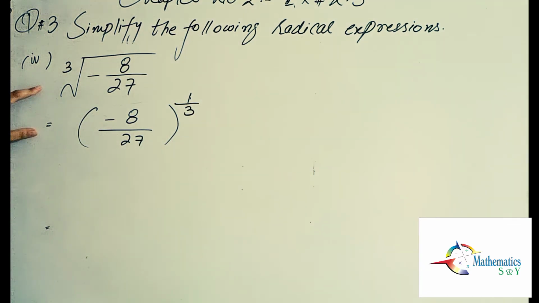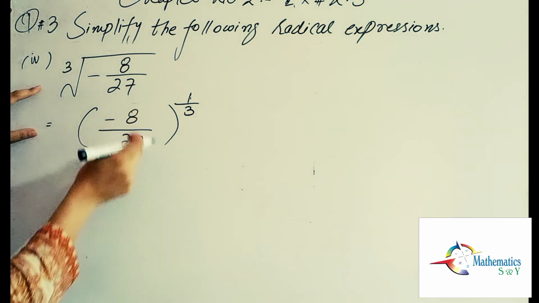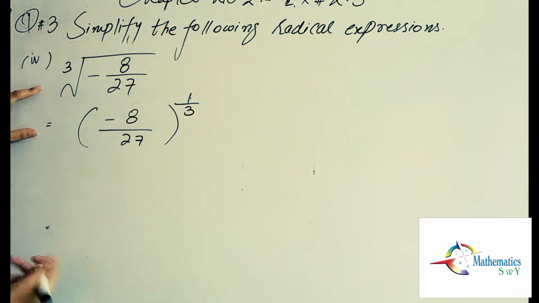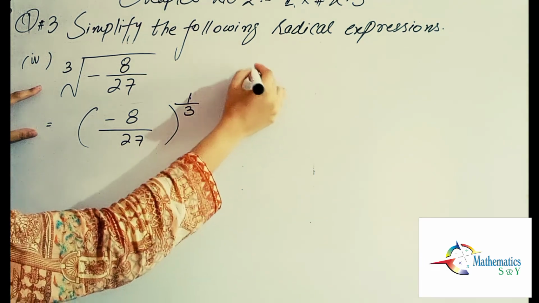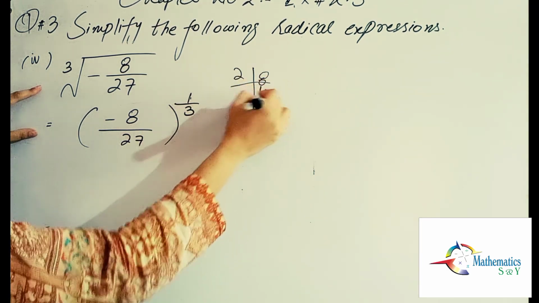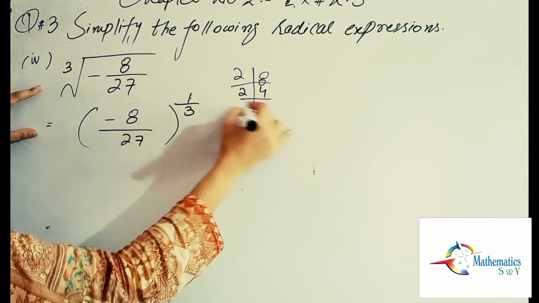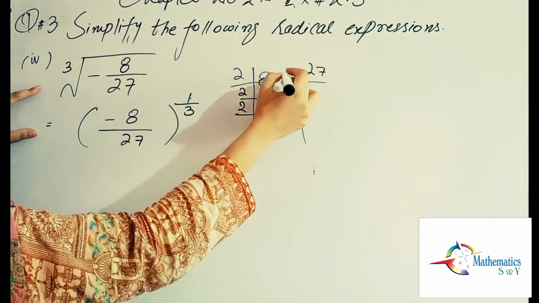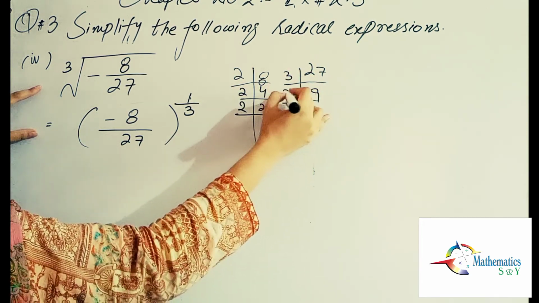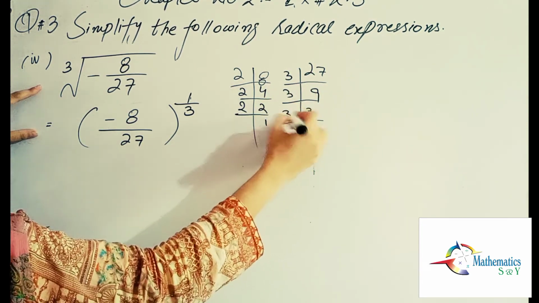So here again, first of all I will make the factors of both numerator and denominator. 8 can be factorized, 27 can be factorized. So I will make the factors of 8: 2 4 times, 2 2 times and 2 1 times. Same like this I will make the factors of 27: 3 9 times, 3 3 times and 3 1 times.